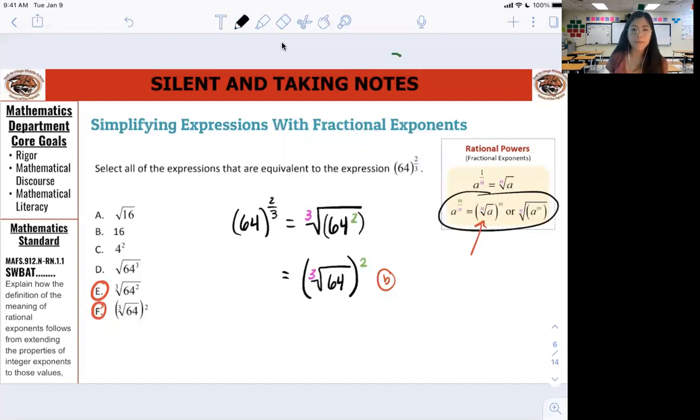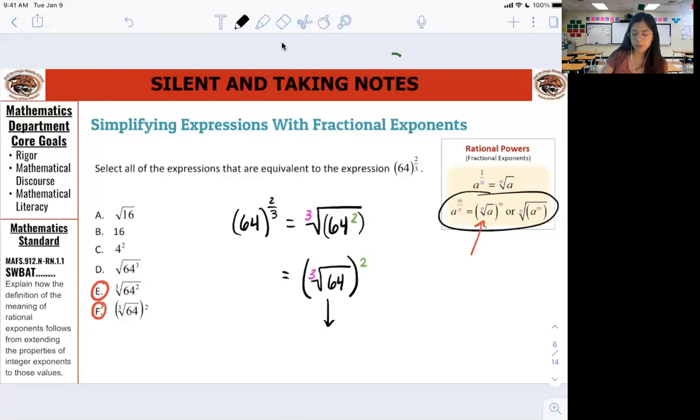So it's easier to go with option B. Instead of doing the exponent first, let's do the cube root first. Because guess what? We know what the cube root of 64 is. We wrote it down yesterday. This is one of the ones that you should have memorized. What is the cube root of 64? 8. Do we agree?